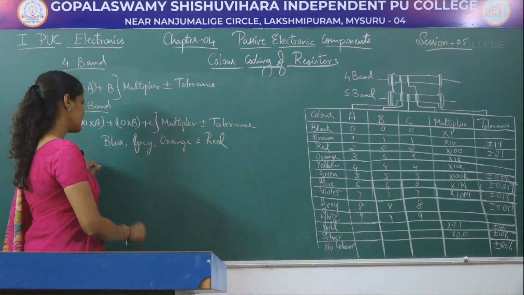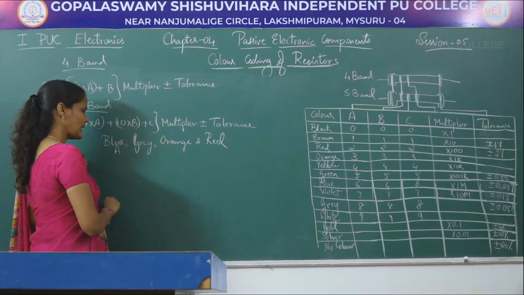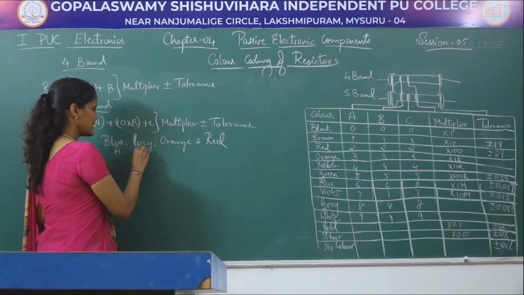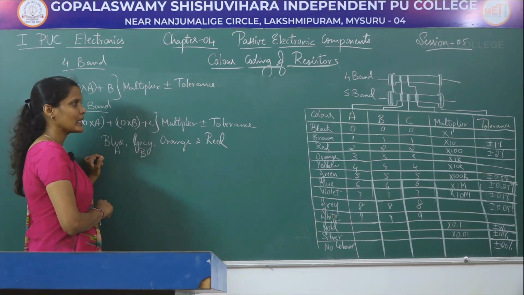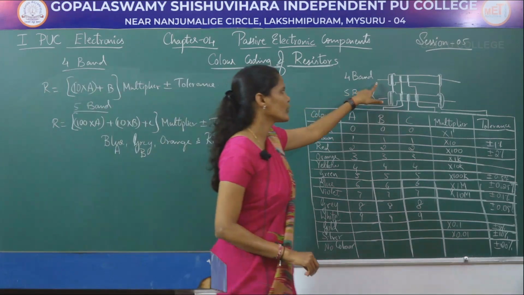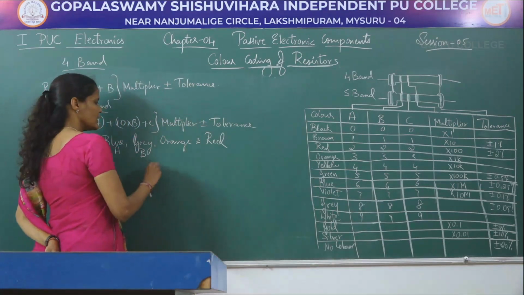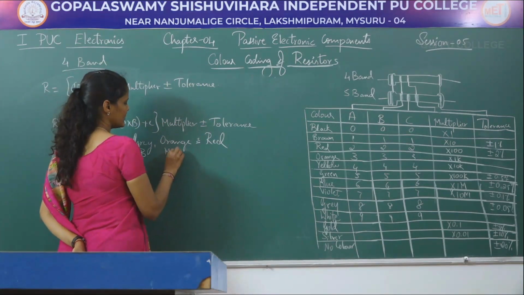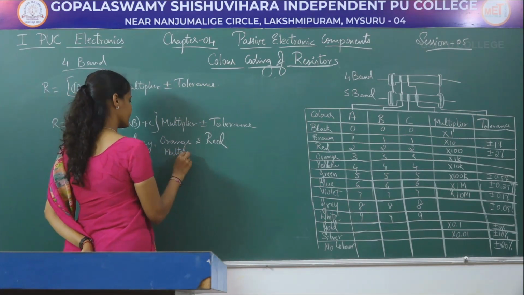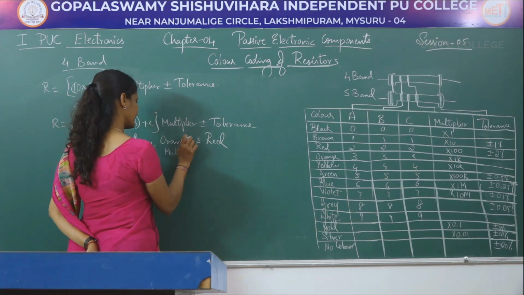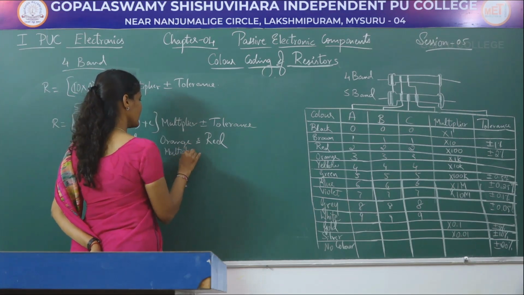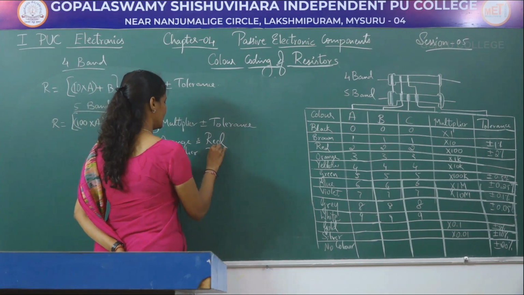Blue is the very first band, that is A. Grey is the second band, that is B. The third band in the 4-band resistor is nothing but a multiplier, and the fourth band is a tolerance. So orange is a multiplier, whereas red is a tolerance.